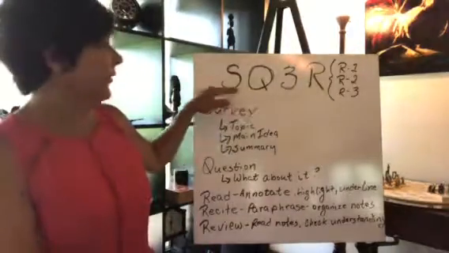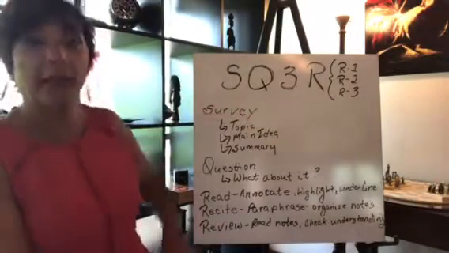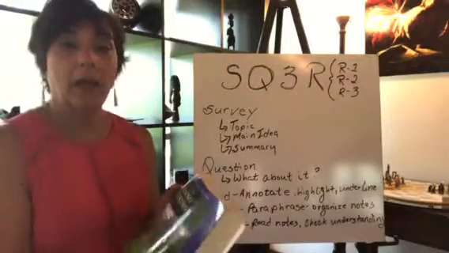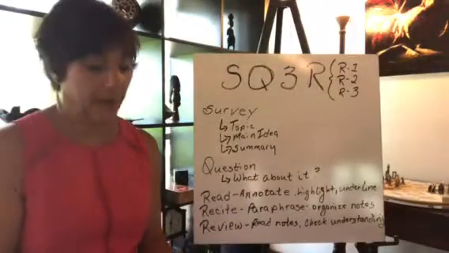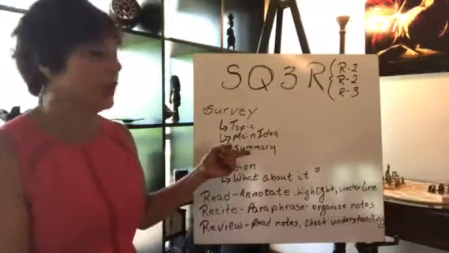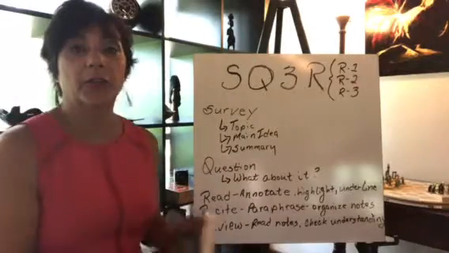So the first letter in the acronym is S for survey. Surveying is where you typically look over the chapter or the paper that you're about to read and you pick out the topic, and many times you can conclude the main idea and get a general summary.